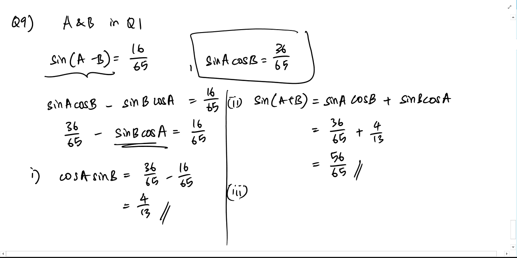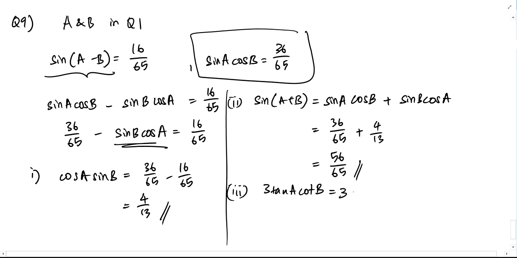And for the third part, 3 tangent A cotangent B. In our question so far, we haven't found any values for tangent A or tangent B. So we can rewrite this into its sine and cosine forms.